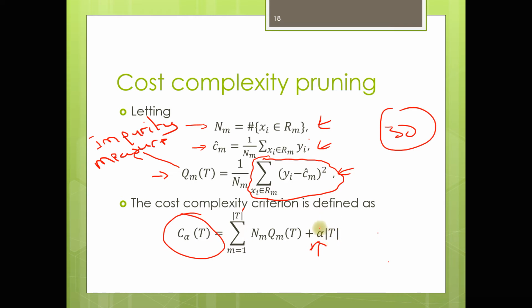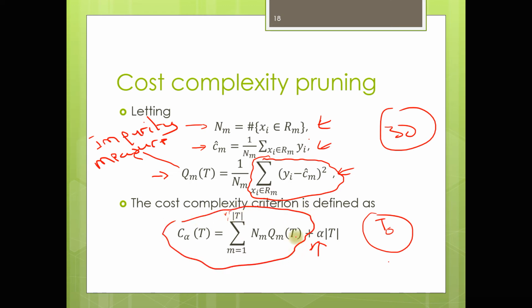If alpha is 0, the subtree T would just be equal to T node. It will be the largest grown tree. If alpha is equal to 0, you are just getting your fully built tree. There is no difference about it. You are just getting a normal sum of squared errors without this component.